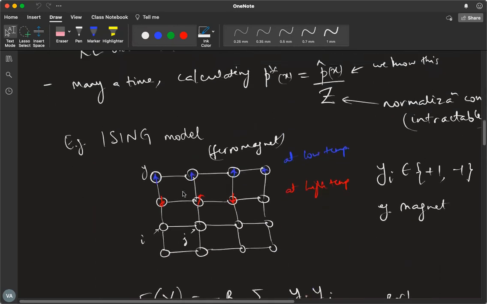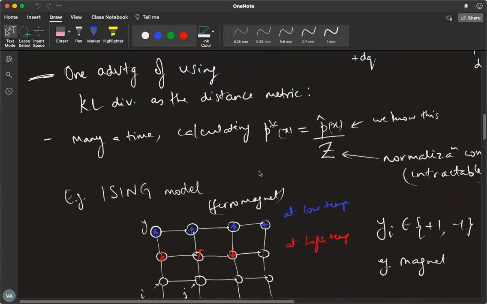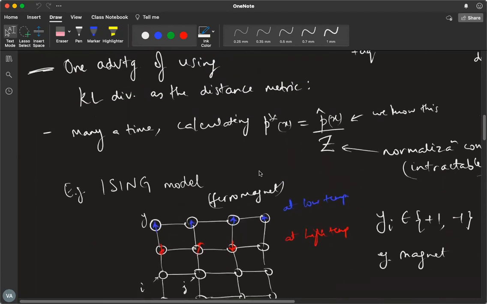And yeah, KL divergence is a simple thing. Then we came to a very interesting model called the Ising model, because we want to see what are the uses of such approximate inference. The Ising model is very complicated in the sense that it is a very high dimensional PDF.